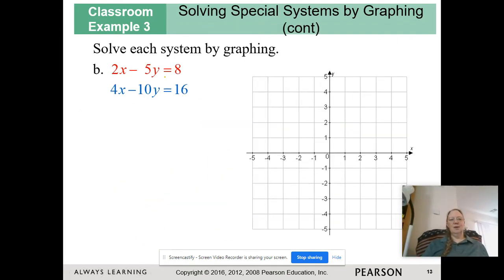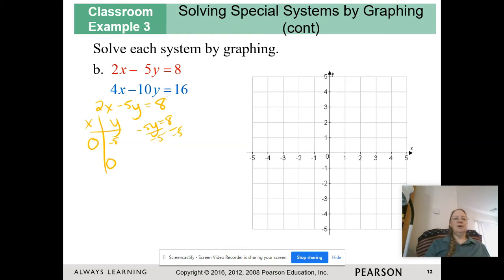All right, 2x minus 5y is equal to 8. I'm just going to do my x and y intercepts by plugging in 0. So I plug in 0 for x. I get negative 5y is equal to 8. Divide by negative 5.